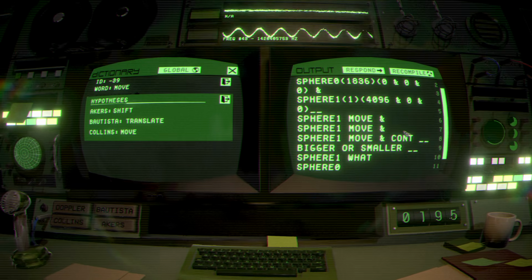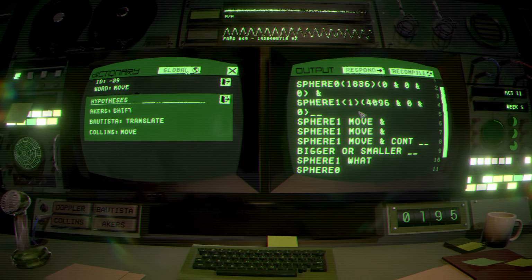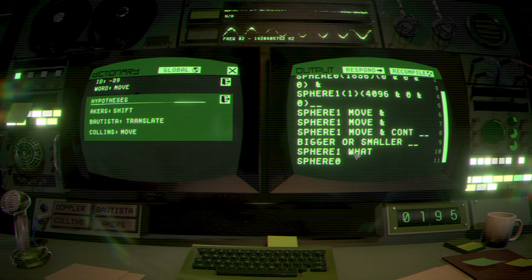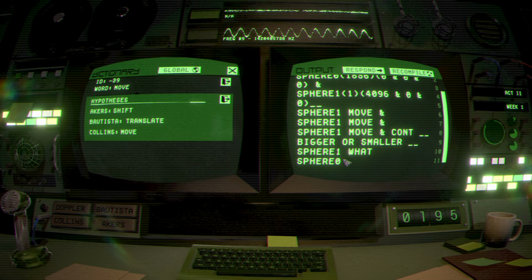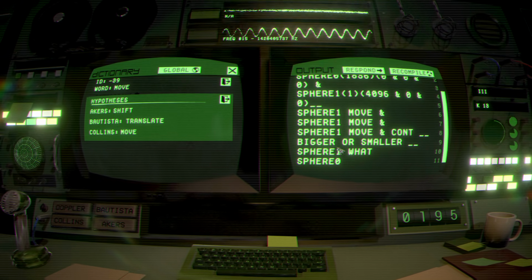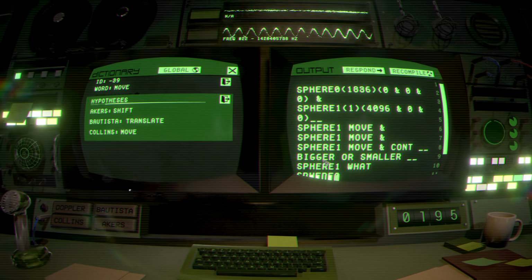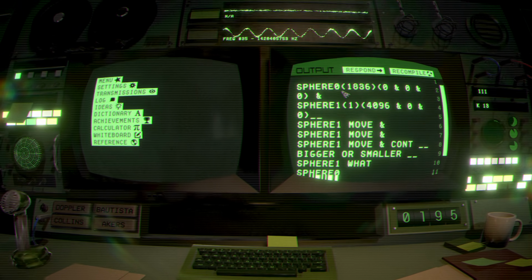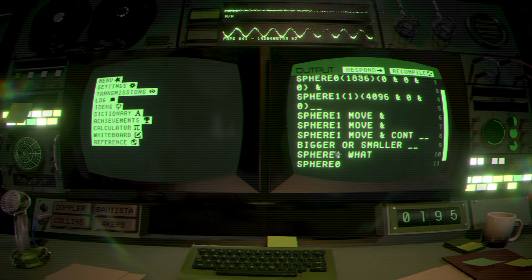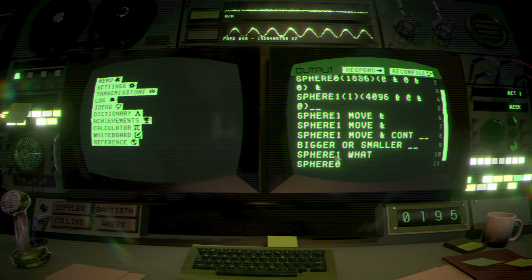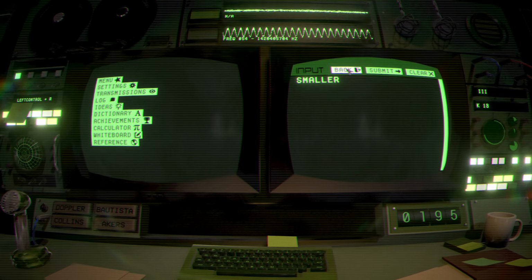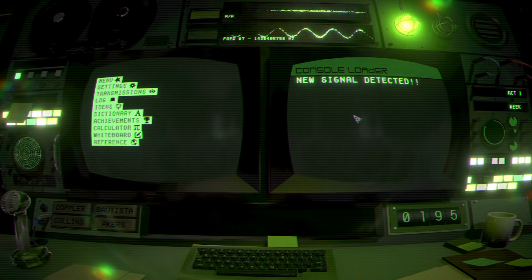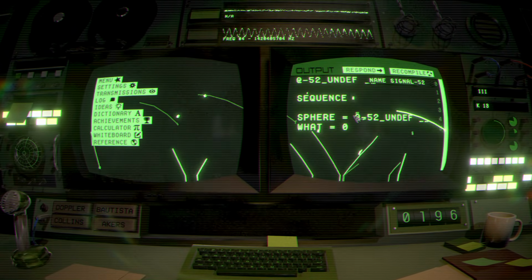So if we continuously are shifting sphere 1, translating sphere 1, then they're saying, is sphere 1 going to be bigger or smaller than sphere 0? So if we're moving it, if we're translating it, we're not changing the area. So sphere 0 will always be bigger than sphere 1, right? Let's say sphere 1 smaller than sphere 0 in this case. Correct. Okay. So again, they're testing us.